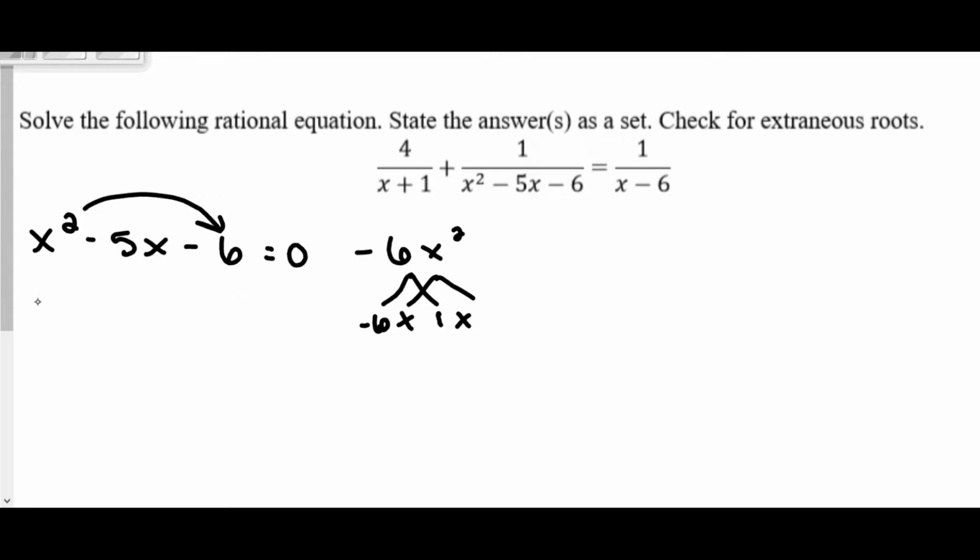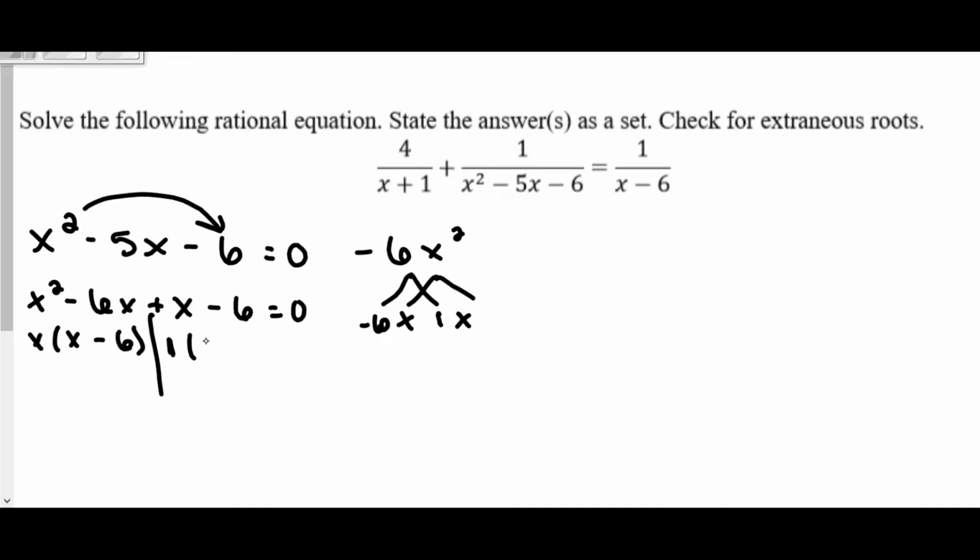The numbers that add to negative 5x and multiply to negative 6x squared are negative 6x and x. So I'm going to substitute in x squared minus 6x plus x minus 6 equals 0. Split it down the middle and pull out a GCF, which is x minus 6, and this is 1, x minus 6. So this factored is x plus 1, x minus 6.